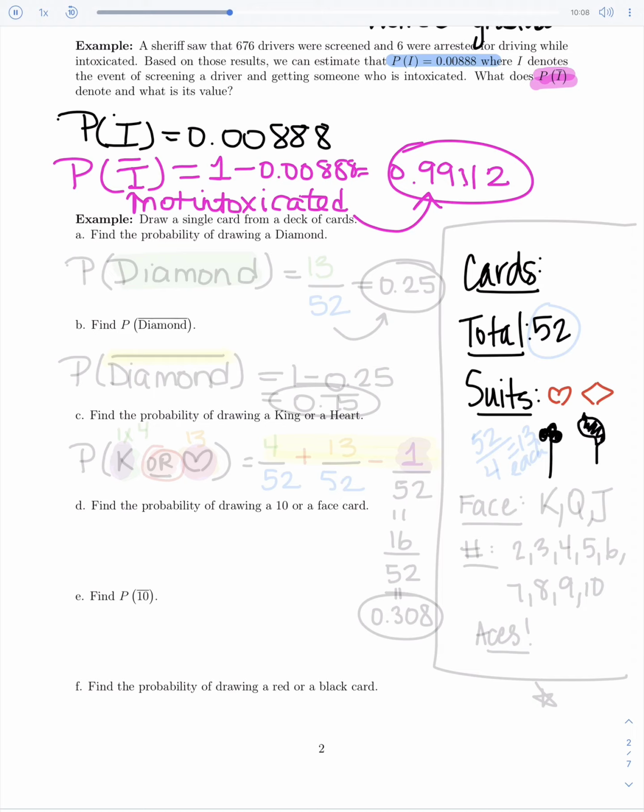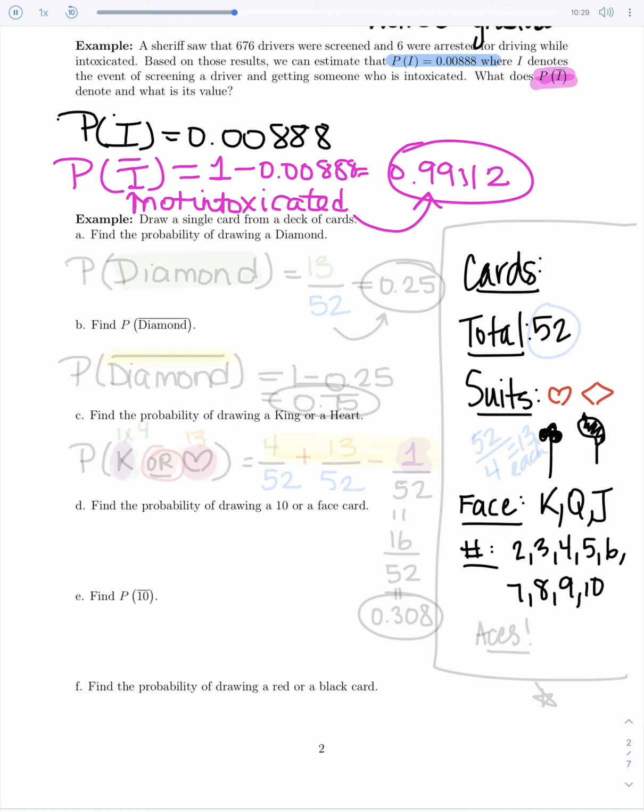Also, there are face cards, which have literal faces on them. The kings, queens, and jacks are all face cards. The number cards are the 2, 3, 4, 5, 6, 7, 8, 9, and 10.